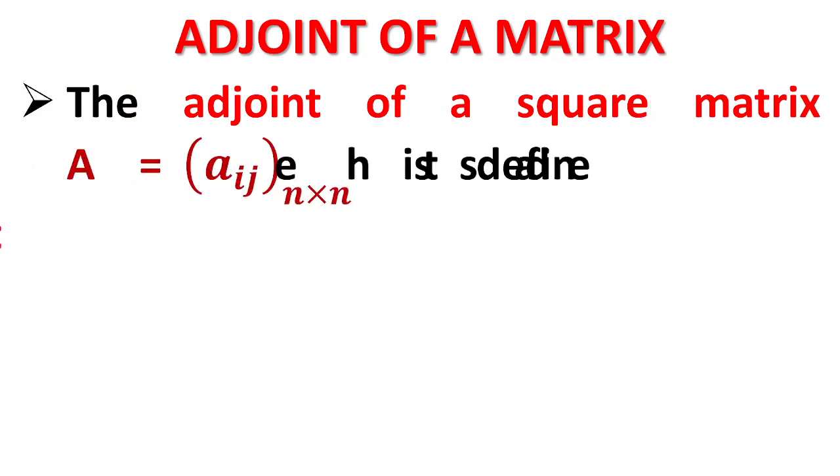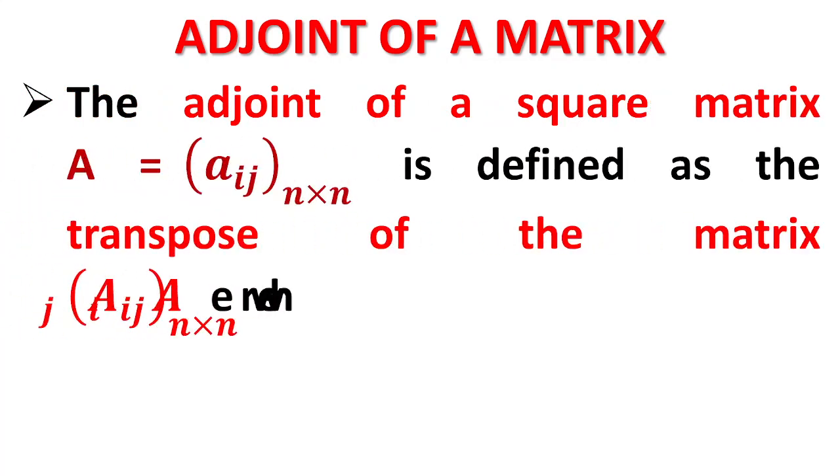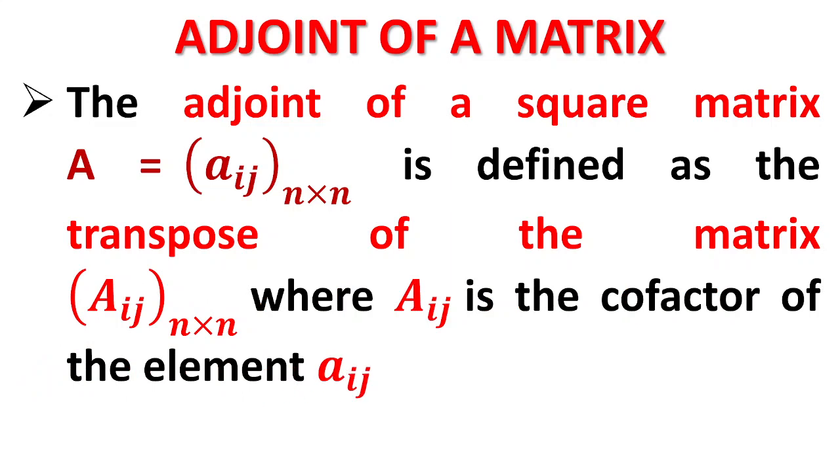Now adjoint. We have defined what we mean by a minor and a cofactor. We are now going for the adjoint. Very simple. The adjoint of a square matrix is defined as the transpose of the matrix where Aij is the cofactor. Put the cofactors, get the cofactor matrix, transpose it, you will get the adjoint.